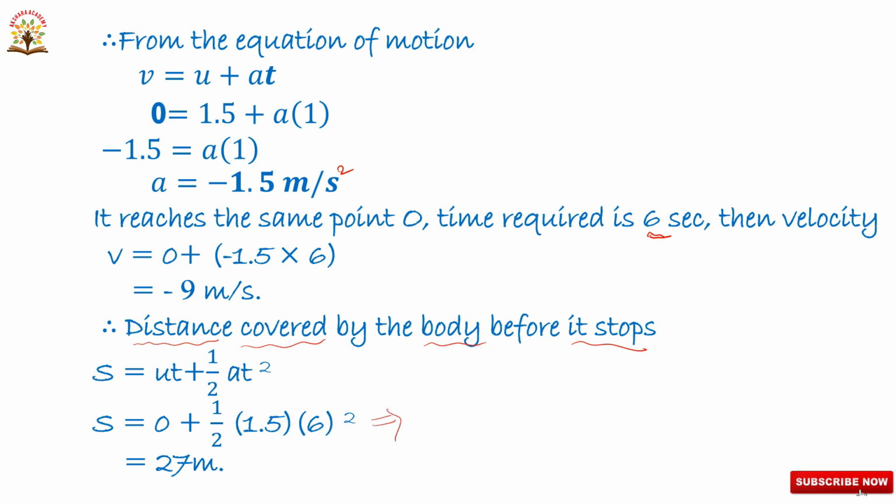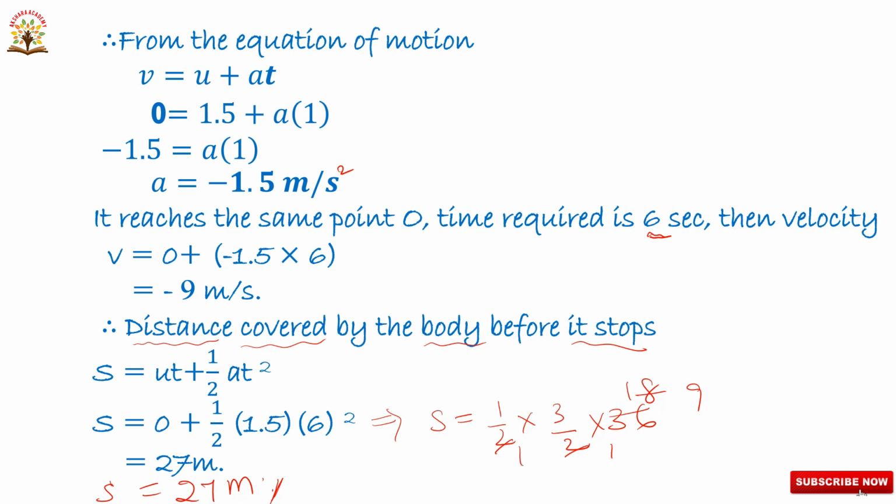That implies s = half into 1.5, which can be written as 3 by 2, into 6 square, 36. 2 ones are 2, 2 18s are 36, 3 9s are 27. So s = 27 meters. The distance covered by the body before it stops, s = 27 meters. This is the final answer.